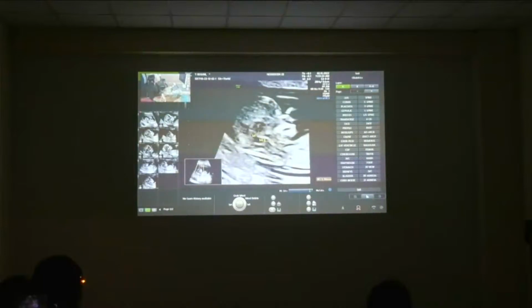So this is the brain stem. This is the IT. The nasal bone and the skin on top. You see that this is the hard palate, and when we just tilt our transducer, we will see that it forms a V.